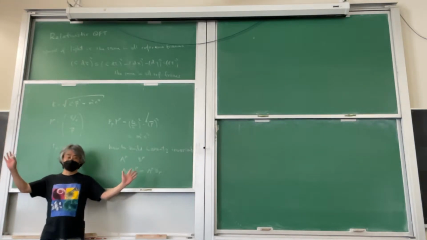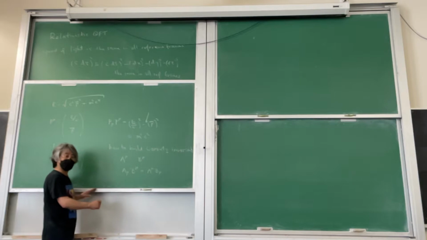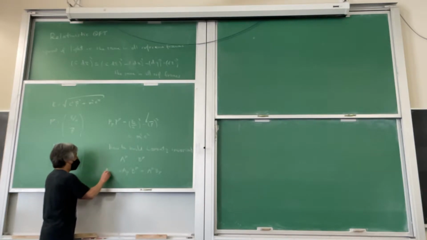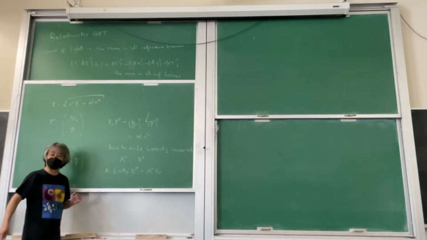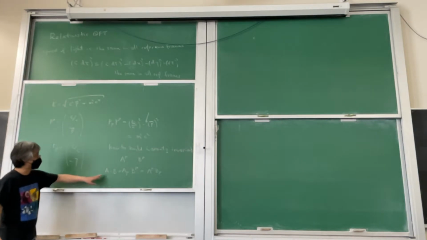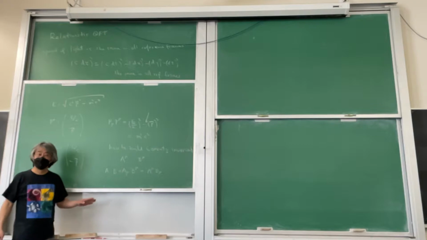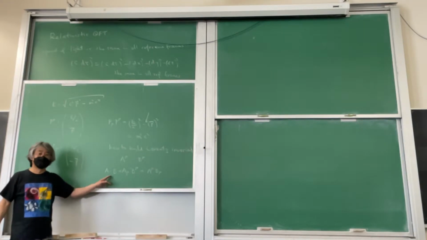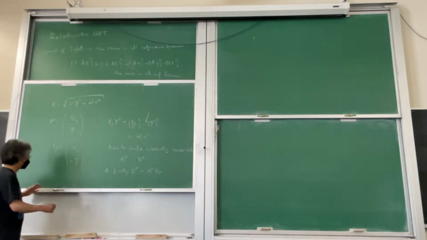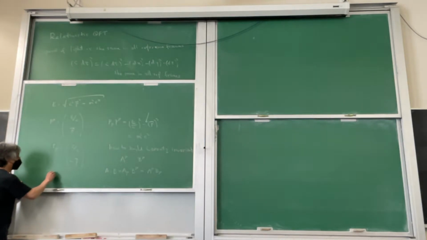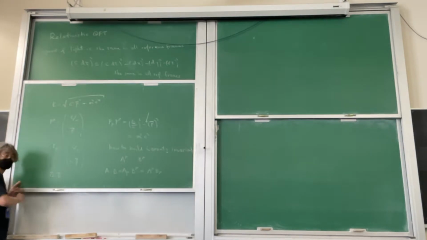And because physicists are sloppy, you don't want to keep writing down all the indices, so often we just write A dot B. And this is a little misleading notation, as you can see, because you often use this dot for your normal three-dimensional vectors, like A vector dot B vector.